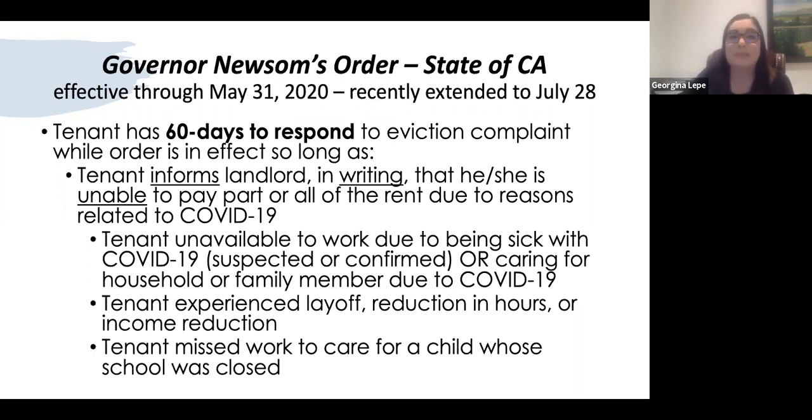So just remember, this was implemented prior to the Judicial Council order. Governor Newsom basically stated if a tenant informed his landlord in writing that he's unable to pay rent due to reasons related to COVID-19, they have 60 days to respond to the eviction complaint. But this is kind of a moot issue because no summons can be issued right now.